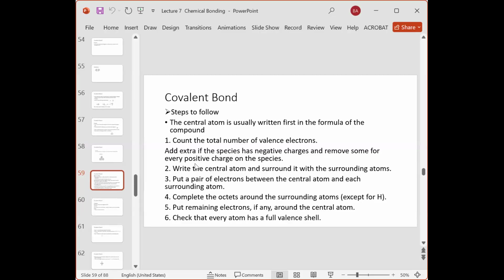Then you write the central atom and surround it with the surrounding atoms. You put a pair of electrons between the central atom and each surrounding atom. Complete the octet around the surrounding atoms, except for hydrogen. Put remaining electrons, if any, around the central atom. Check that every atom has a full valence shell. It's only hydrogen that is an exception to the octet.